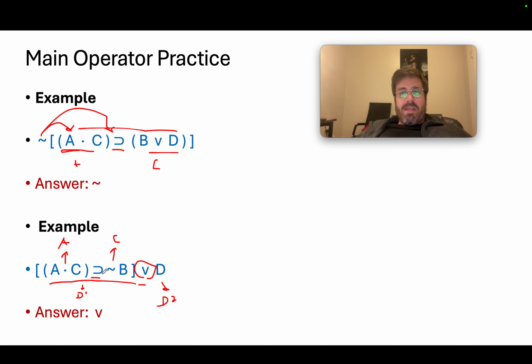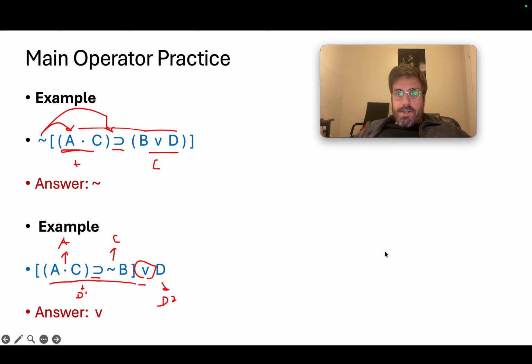So horseshoe can't be the main operator, even though it is a very important operator. It is governing the meaning of everything within brackets, but it itself is only a component of this bigger disjunction, right? So the disjunction, the wedge, is governing a bigger range of components, and so it is the main operator.